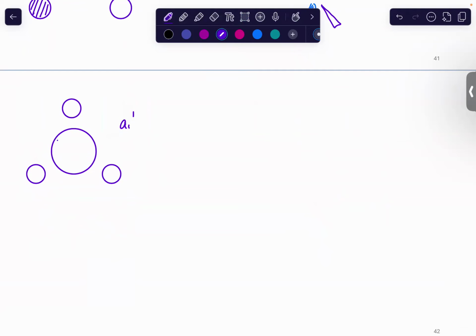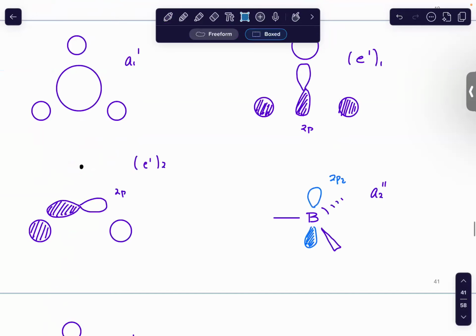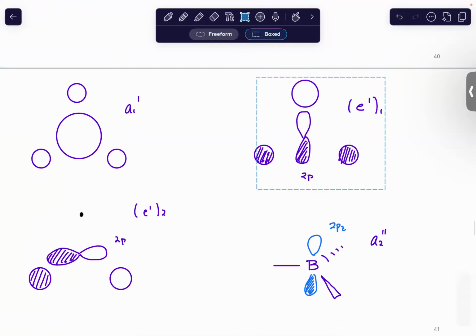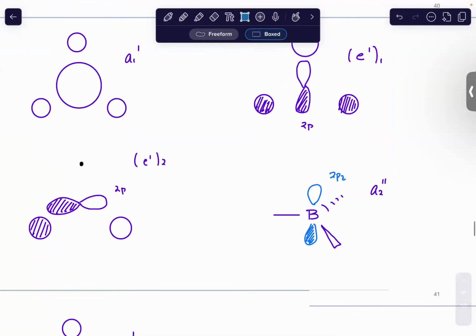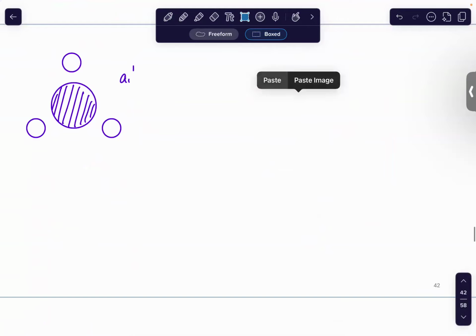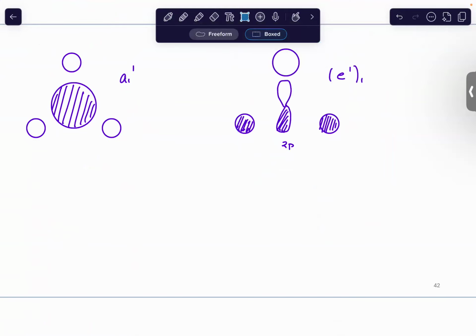Yeah. Okay, and then grab both of these E primes. So let's make sure we got this right. This is our A1 prime star. That's our antibonding.